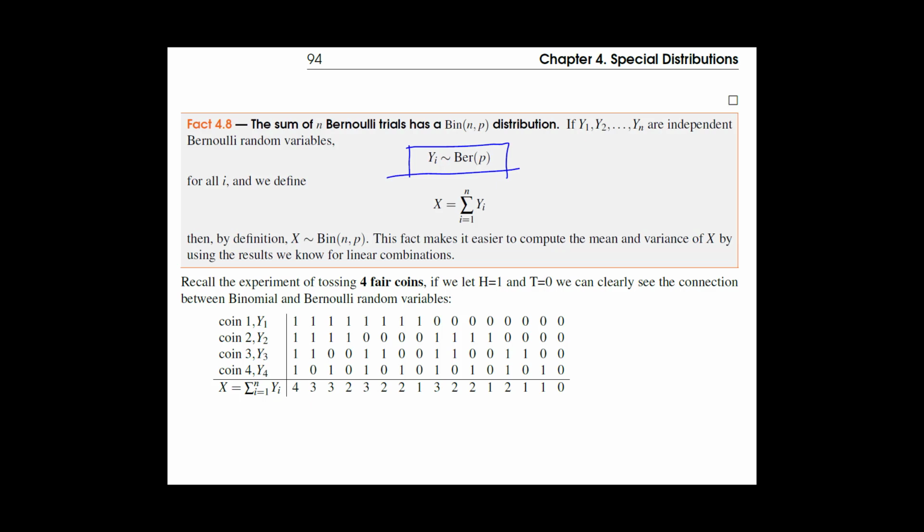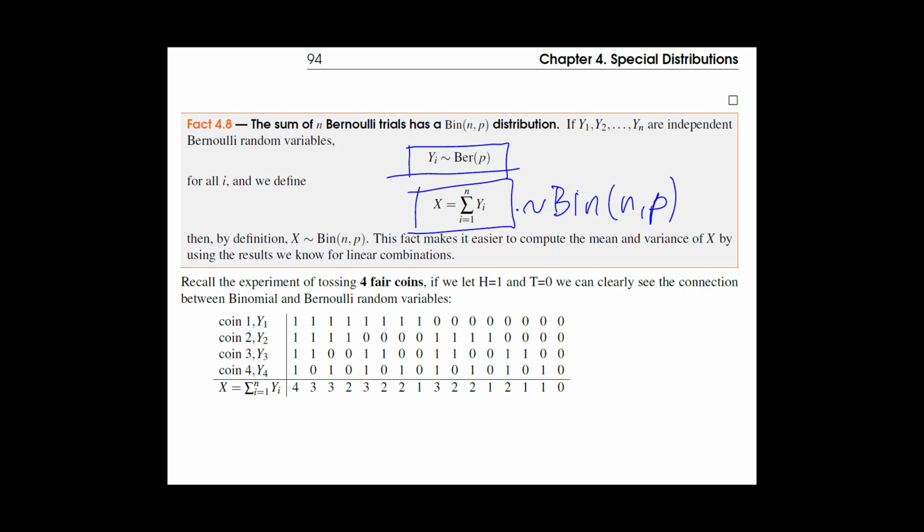Now, if you define X as the sum of the Yi's, that's going to be binomial, because the Yi's are 0 or 1. They're going to be 1 when it's a success. So X is counting the number of successes. Take a minute to grasp that.